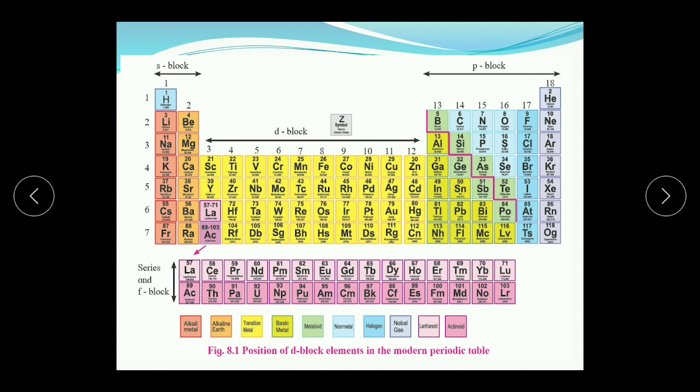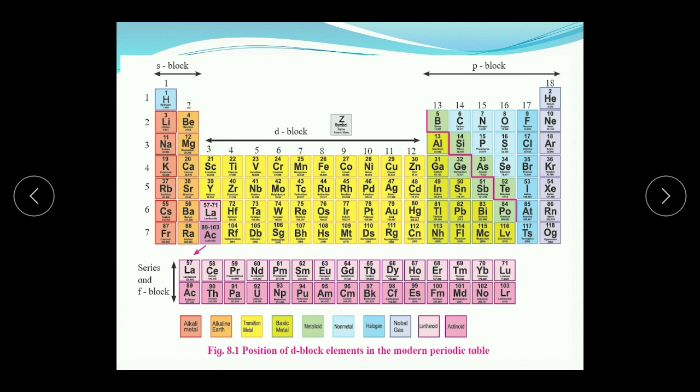And the remaining 3 groups of P block that we have studied earlier, that is elements of group 16, 17 and 18, that chapter I have finished, and then I have started with the 8th lesson, that is transition and inner transition. So in short, we learned the whole periodic table along with the physical properties of all the elements, their chemical properties and applications, everything about these elements.